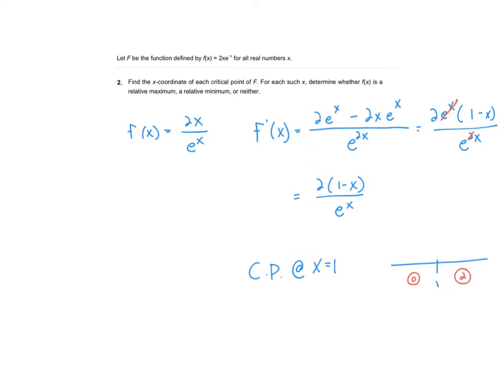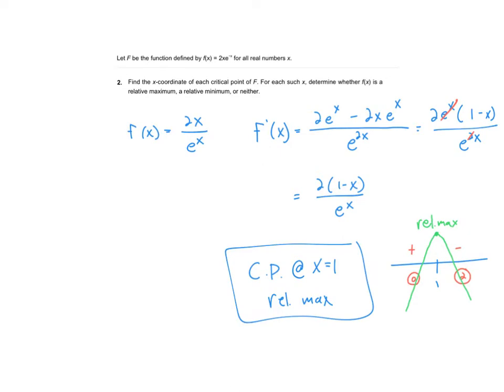If you plug in 0, that's positive. Plug in 2, that's negative. And so remember, positive means it's increasing, negative means it's decreasing. So this has to be a relative max. Okay, and that's it.